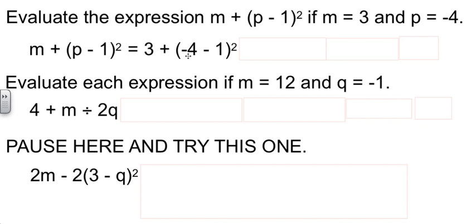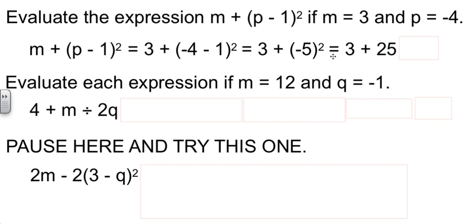In place of the p, I substituted negative 4. Now, according to the order of operations, I need to do what's inside those parentheses first. So negative 4 minus 1 is negative 5. Now, exponents. Negative 5 squared is 25.